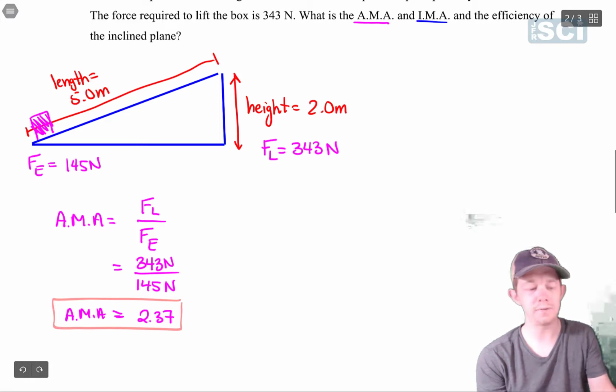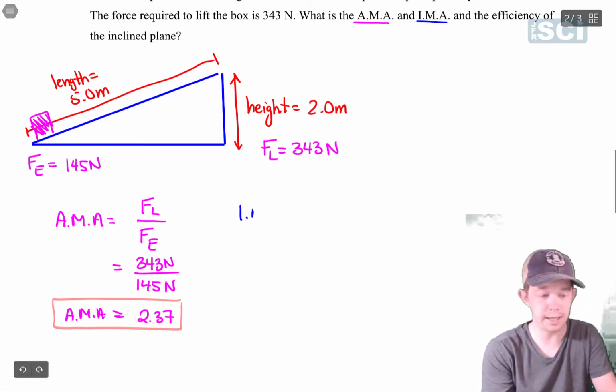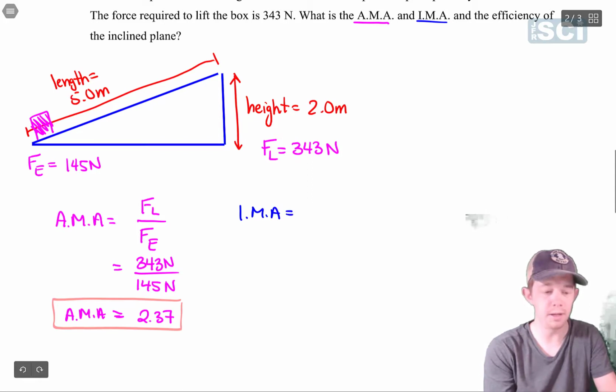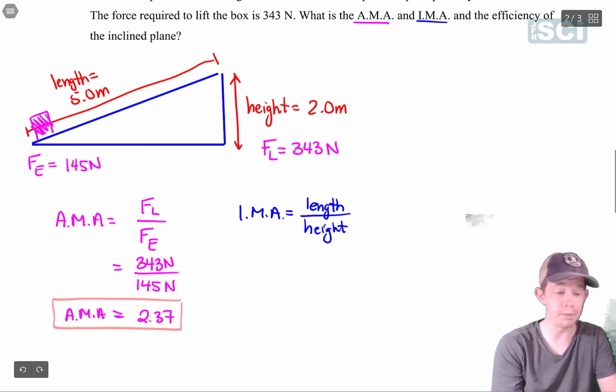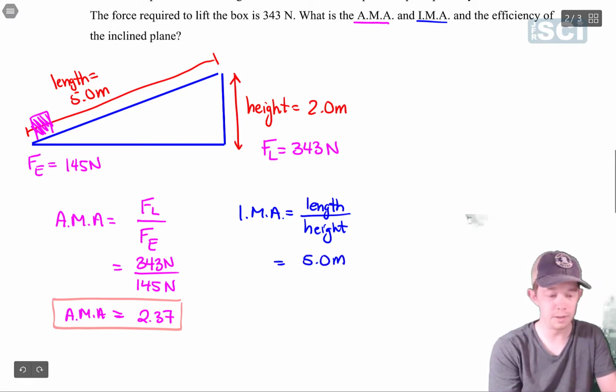I'm now going to try to find the ideal mechanical advantage. So ideal mechanical advantage, we remember, is made up of the length divided by the height for inclined planes. So the length path was 5.0 meters, and the height change is 2.0 meters.